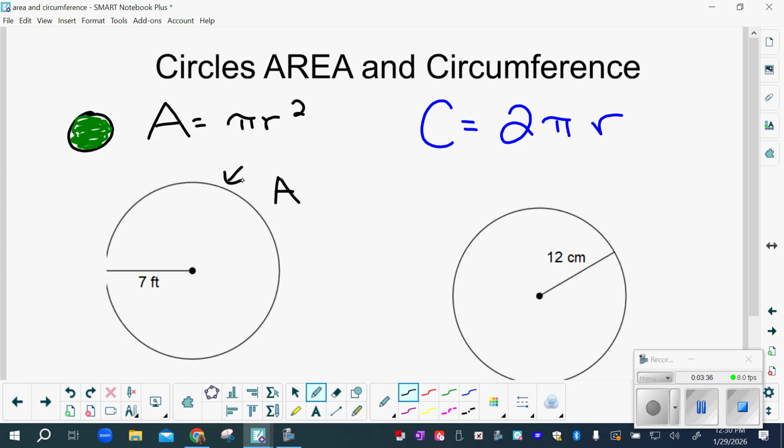I think to myself, what is the formula? And I write it down. Pi r squared. The next thing I do is say, okay, I know what r is. So I'm going to say the area is pi times 7 squared. And guess what? The calculator takes over.